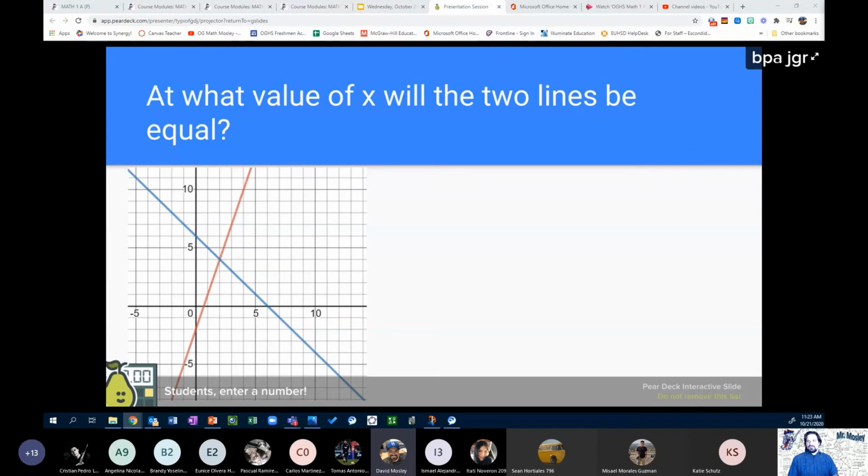So Ms. Schutz is asking, does equal mean the same, meet? So the lines are equal when they have the same y value.